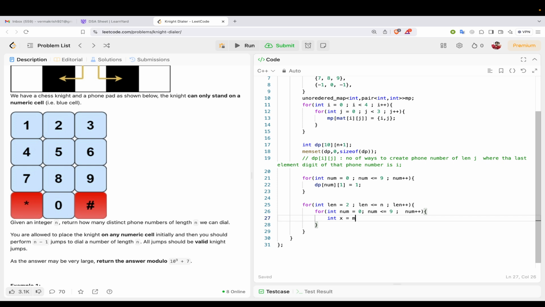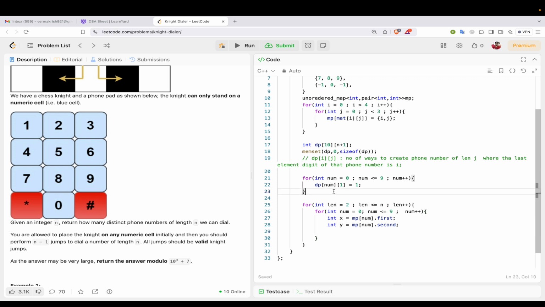So the current coordinate we can directly get from mp of number dot first, and the y coordinate will be mp of number dot second. So this is what we got, but now we have to know from which coordinates I can come to this current coordinate.